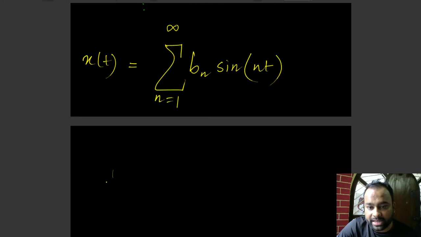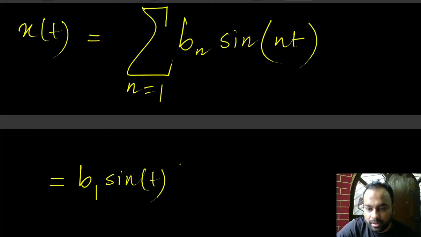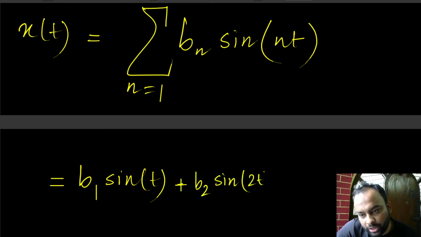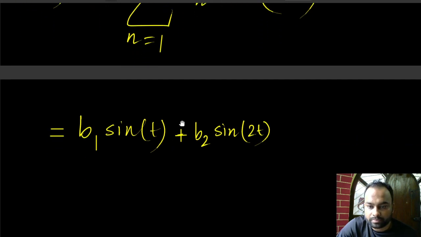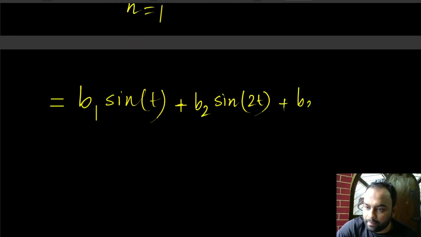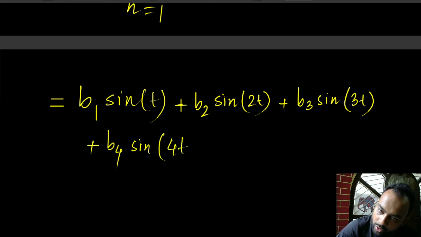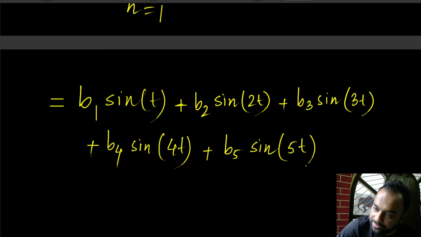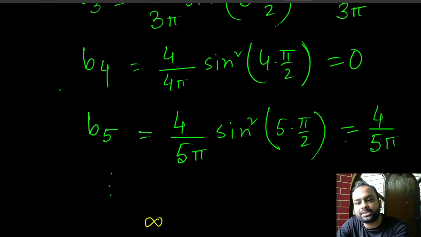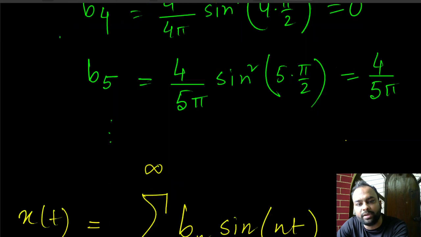So this is B1 sin t plus B2 sin 2t plus B3 sin 3t plus B4 sin 4t plus B5 sin 5t and so on. And we just calculated the values of B1, B2, B3, B4, B5, etc.